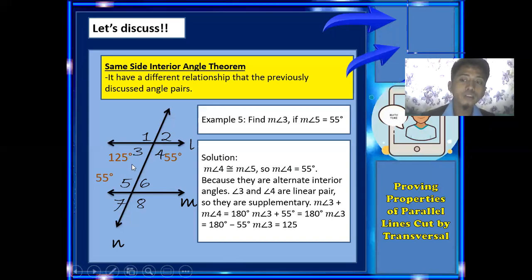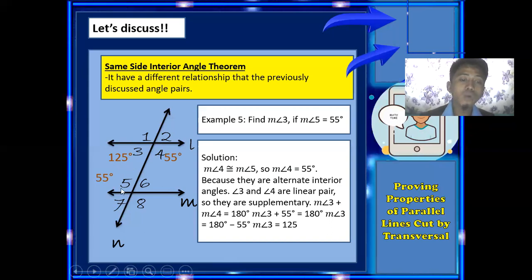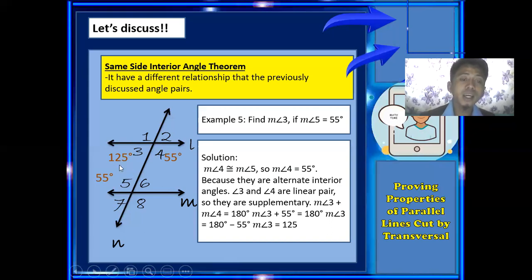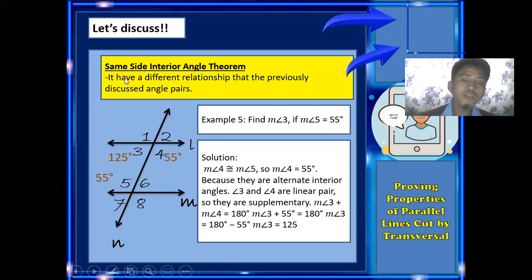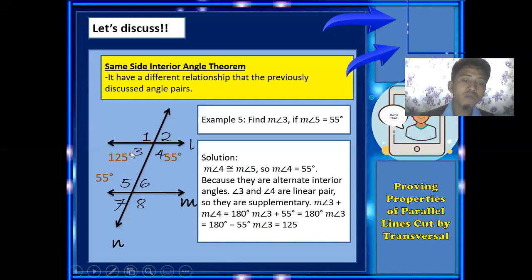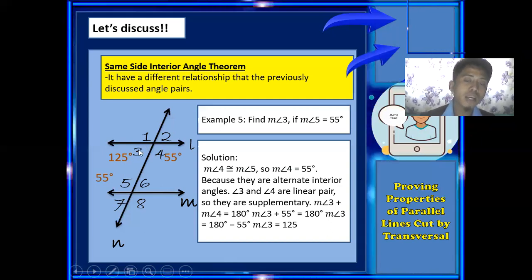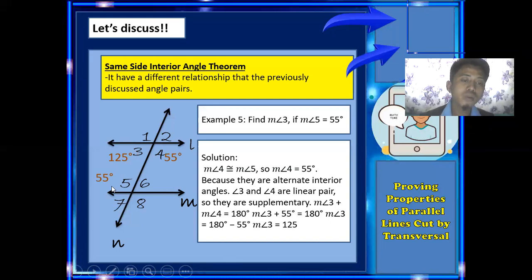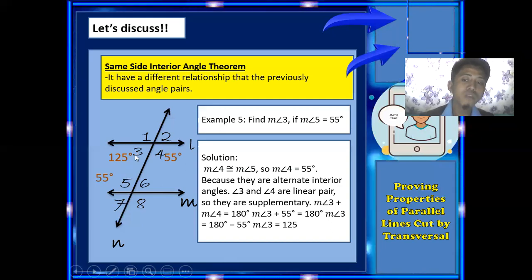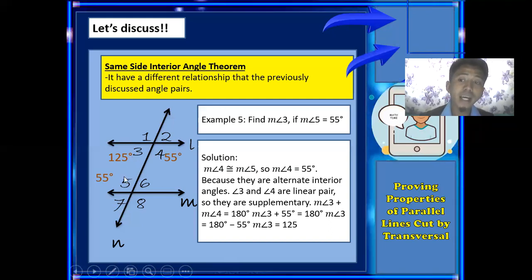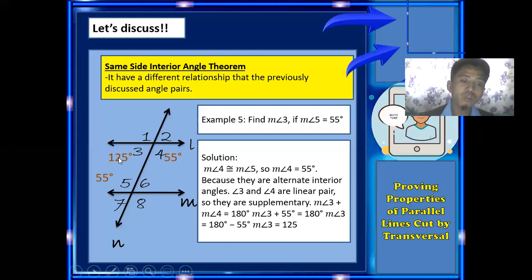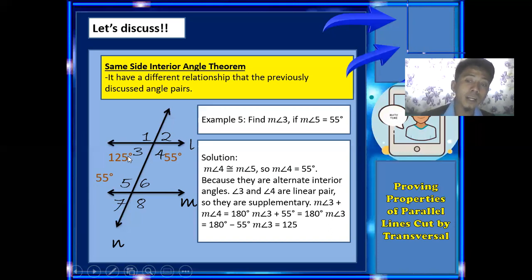So you need 125 degrees more to have 180 degrees in total. The concept of the same side interior angle theorem is that if you have two same side interior angles, the sum of their measurements is supplementary, or they form a linear pair. So 125 degrees plus 55 degrees is 180 degrees.